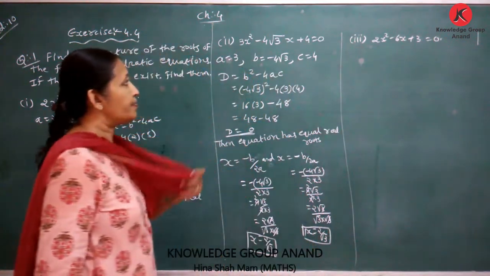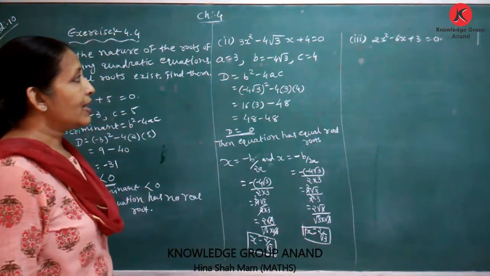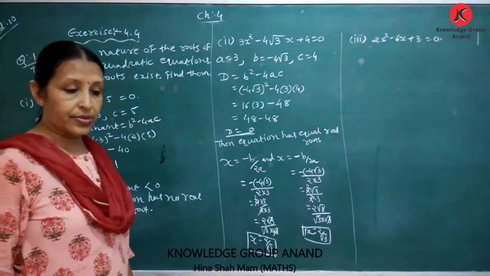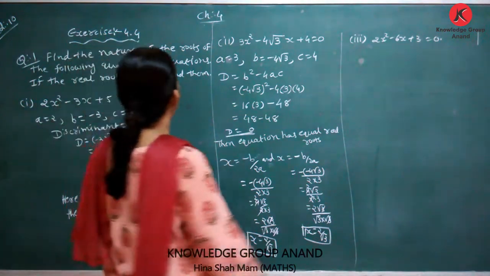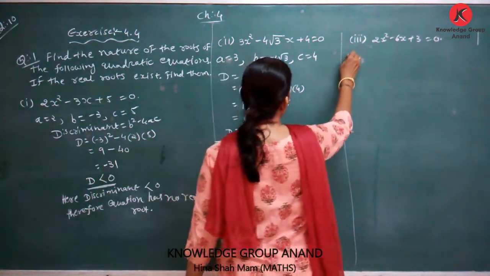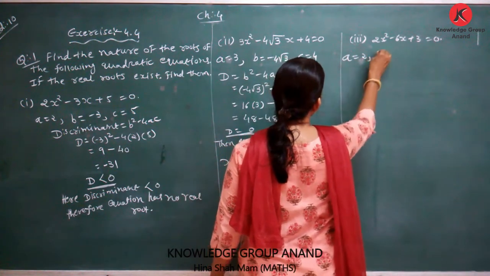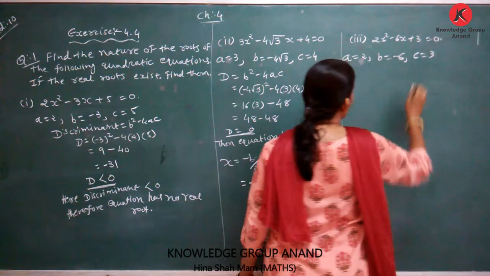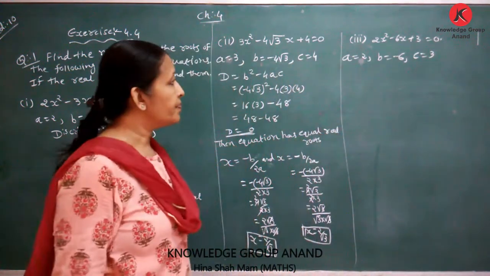Now number 3: 2x square minus 6x plus 3 is equal to 0. A is equal to 2, B is equal to minus 6, and C is equal to 3.